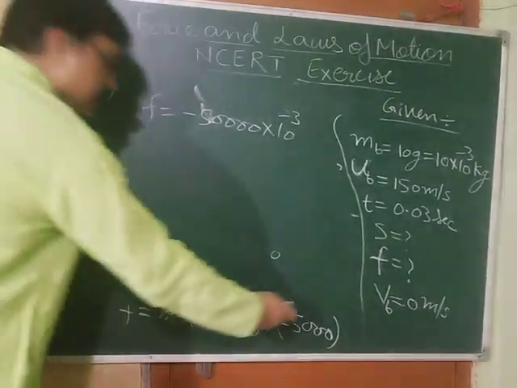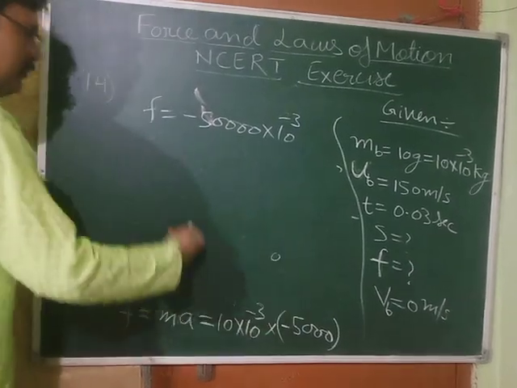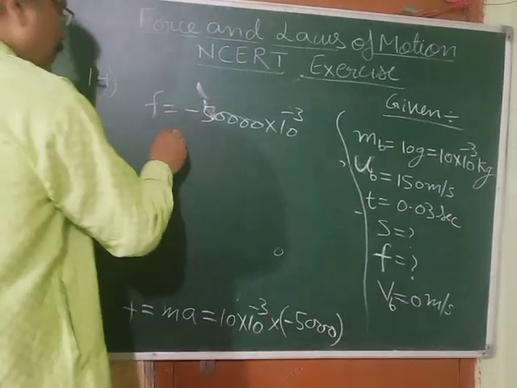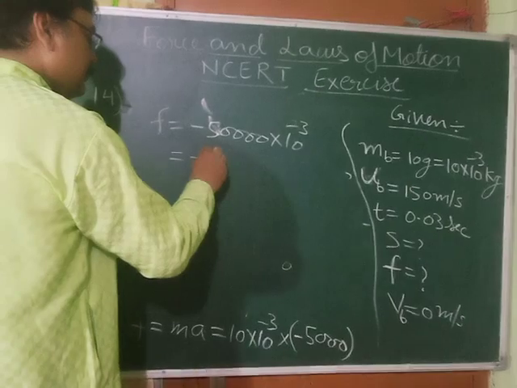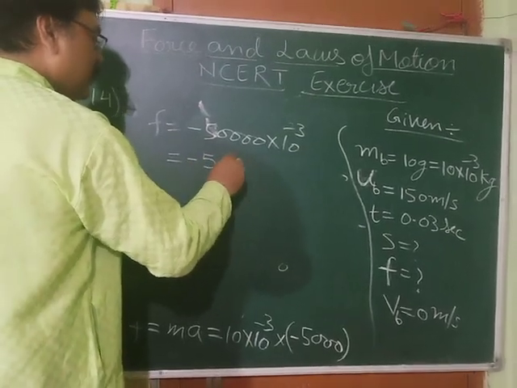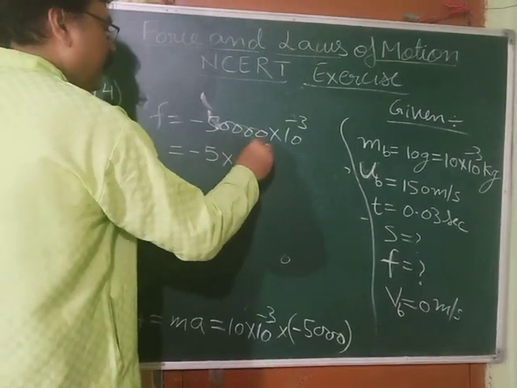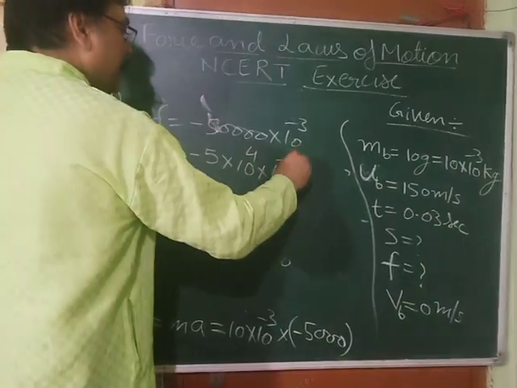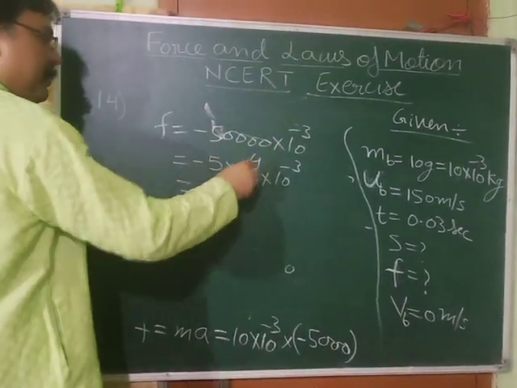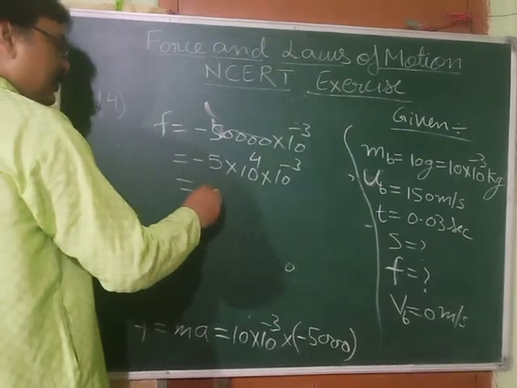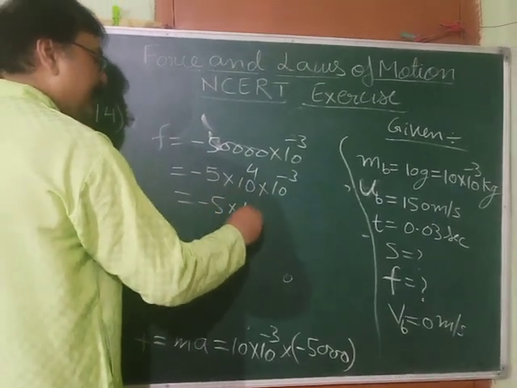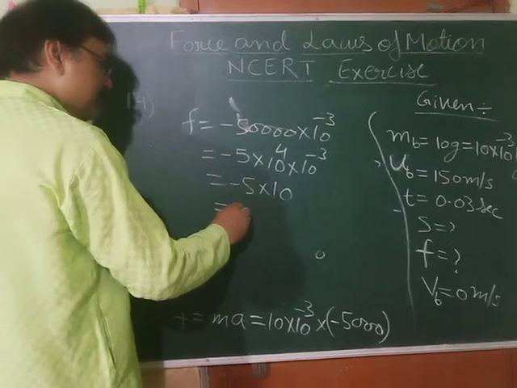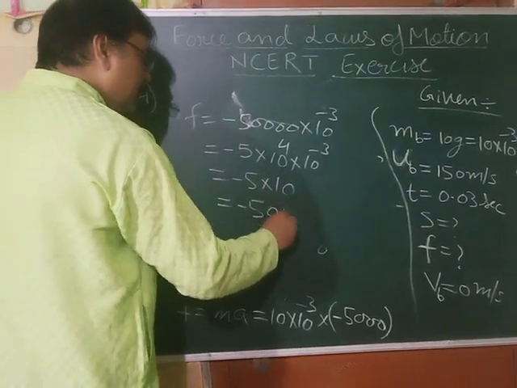Because 3 zeros and this 10, so 50,000, 4 zeros. Now can we write this like this? 5 into 10 to the power 4, because 4 zeros are there. And here 10 to the power minus 3 is there. So plus 4 minus 3 is plus 1. So minus 5 into 10. That means minus 50 Newton.